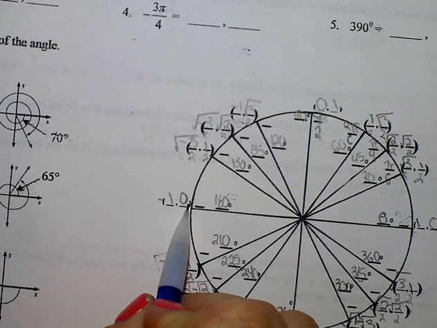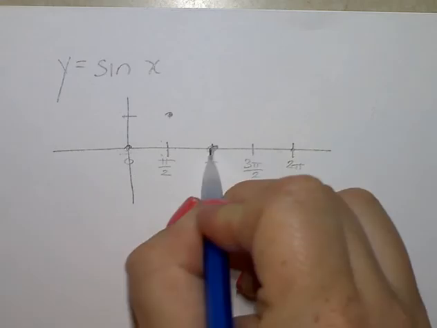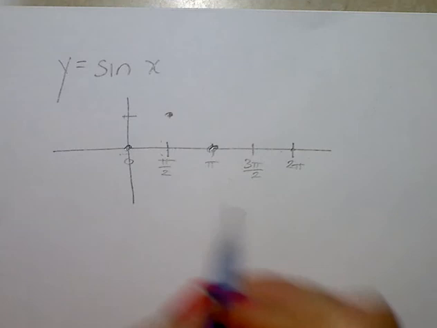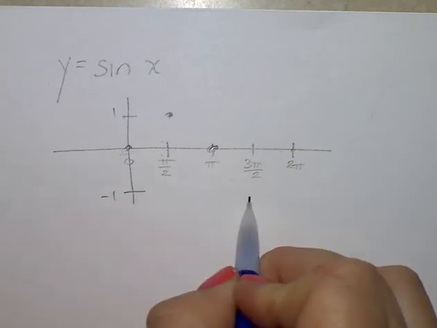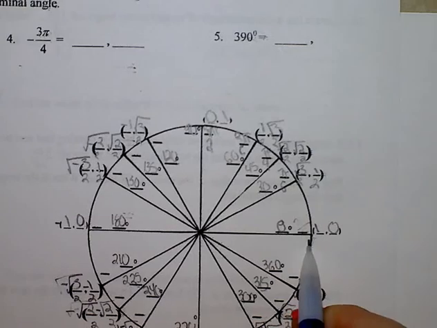What is the sine value at pi? 0. So go to 0. At 3 pi over 2, what is the sine value? So go down to -1 and go over to 3 pi over 2 and down to -1. And then now go back to 2 pi, and what is the sine value?